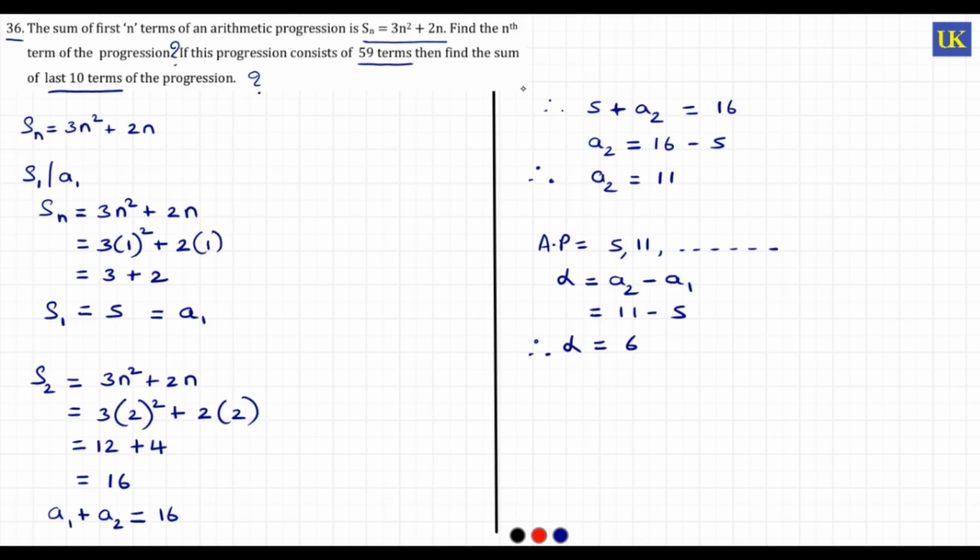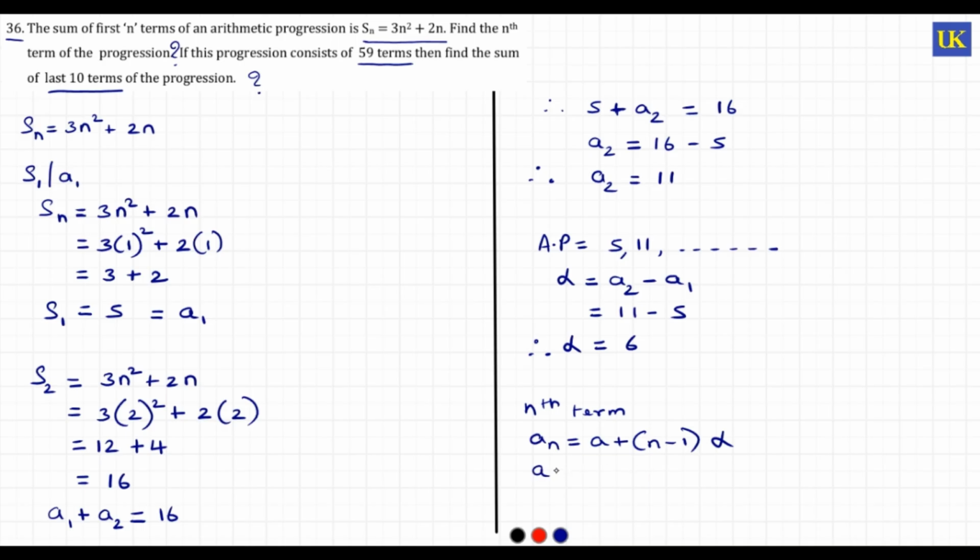They have asked us to find the nth term of the progression. So we know the formula to find the nth term. Now we will take the formula an is equal to a plus n minus 1 into d.